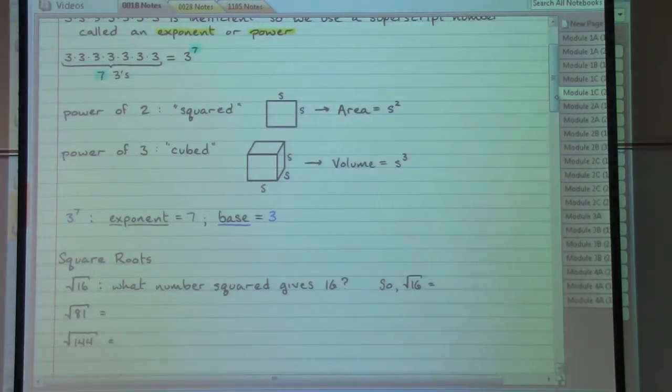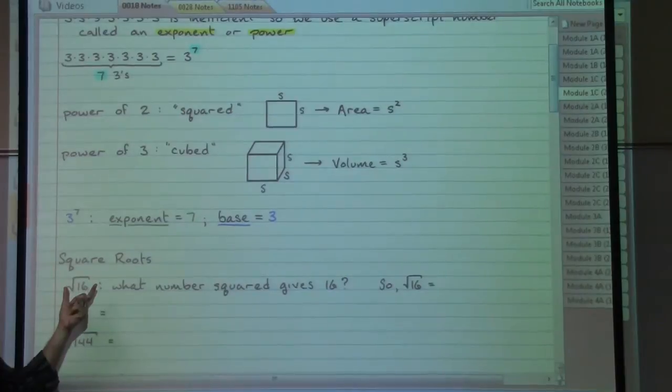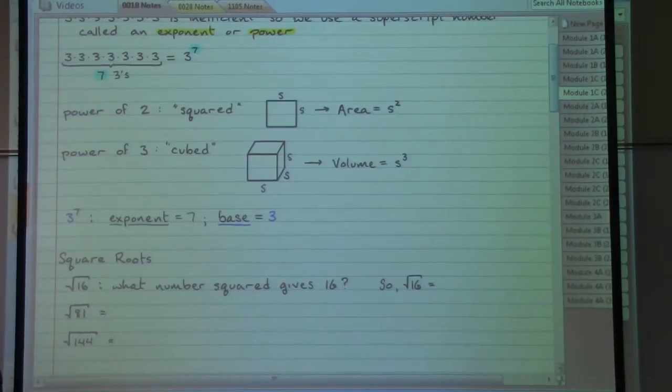Relating to a power of 2, we also have this notion of a square root. So the symbol that we have here around the 16 is referred to as a root or a radical symbol. And we're going to be working with very nice square roots. What this really means for us, the symbol is a shorthand also.